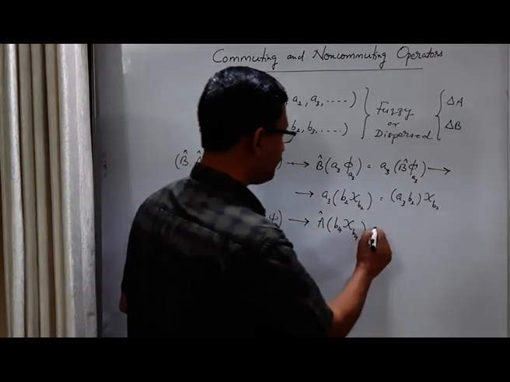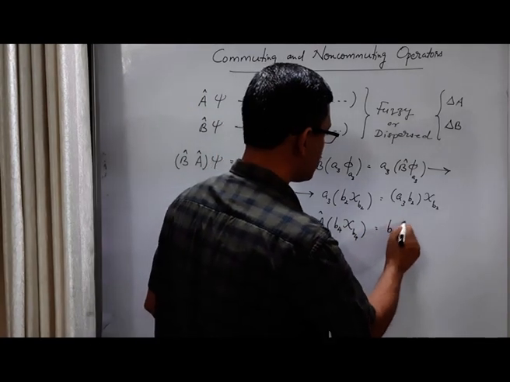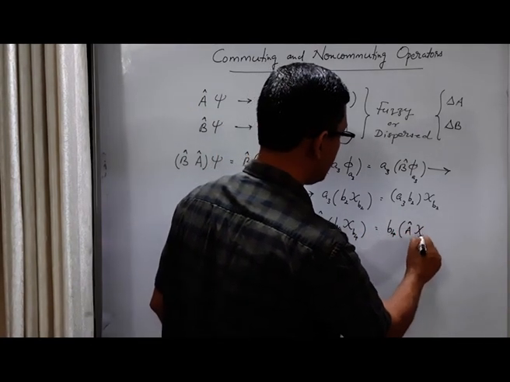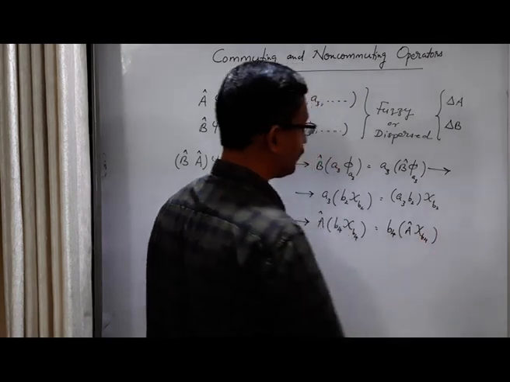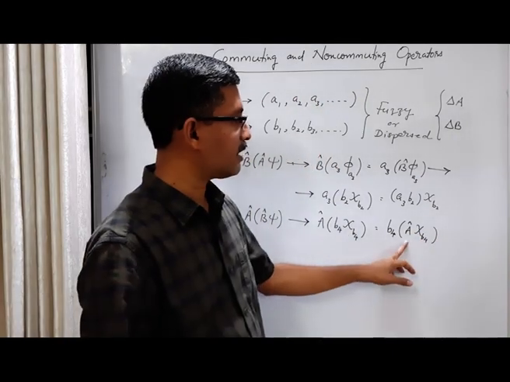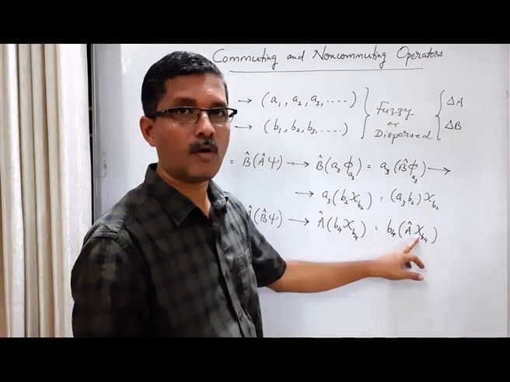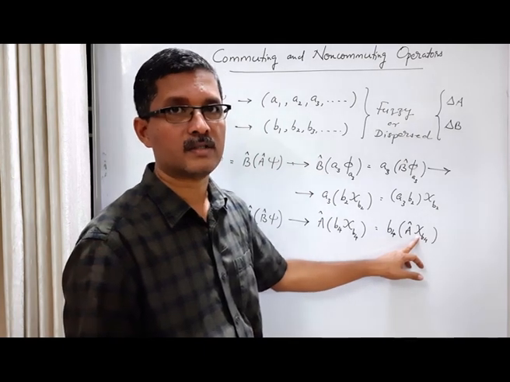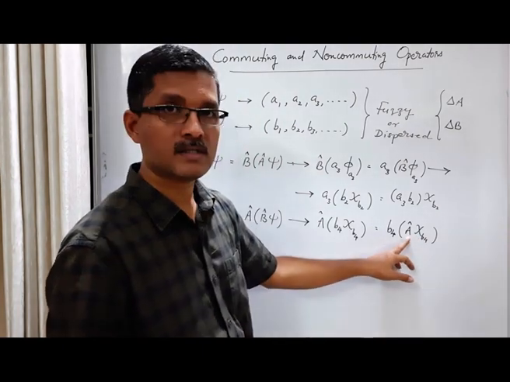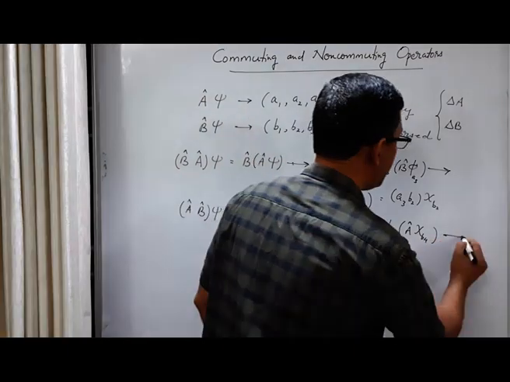Now what happens here? This is B4 times A acting on chi B4. Now this chi is an eigenstate of operator B, but it's not an eigenstate of operator A. That means it's a general state for operator A, so there is again a collapse.